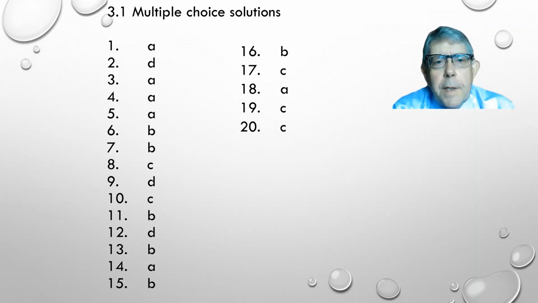So 1 is A, 2 is D, 3 is A, 4 is A, 5 is A, 6 is B, 7 is B, 8 is C, 9 is D, 10 is C, 11 is B, 12 is D, 13 is B, 14 is A, 15 is B, 16 is B, 17 is C, 18 is A, 19 is C, and 20 is C.